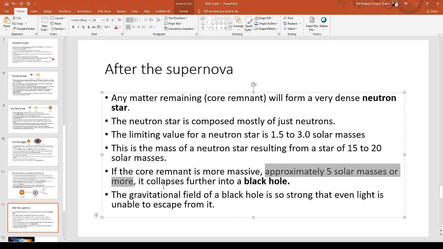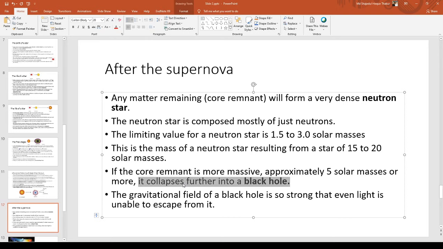Its core remnant will be approximately 5 solar masses or more, which means a very large mass, right? So since it is a very large mass, it collapses further into a black hole.